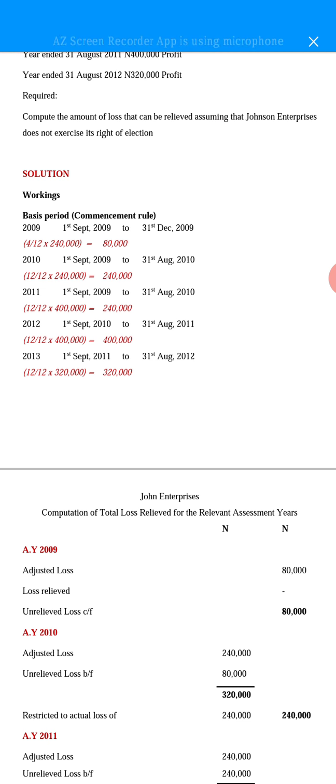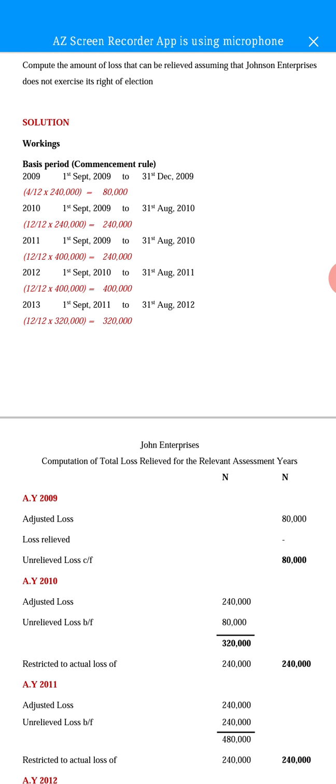It started business on 1st September 2009, and under the commencement rule, from the day of commencement to 31st December of that year. If you calculate it, 1st September to 31st December, that's 4 months. 4 over 12 multiplied by 240 will give you 80,000. That's the loss of 80,000.